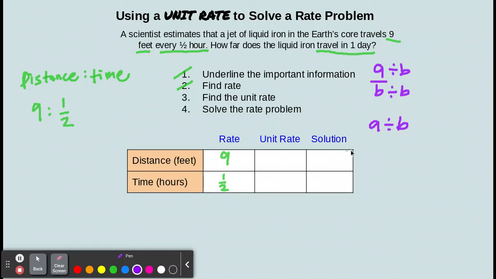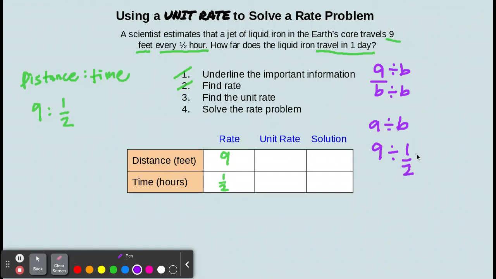Our A here is 9 divided by 1/2. Our B is 1/2. So to find the unit rate, the top one divided by the bottom one. Interestingly enough, that's the same thing as the value of the ratio, isn't it?